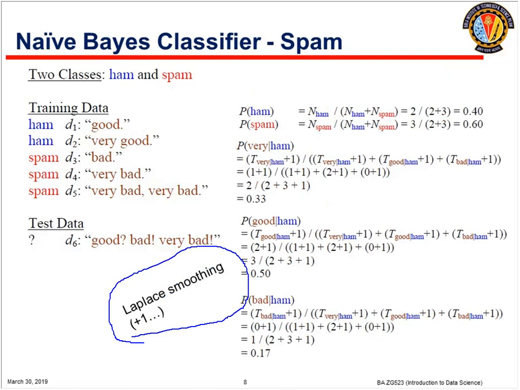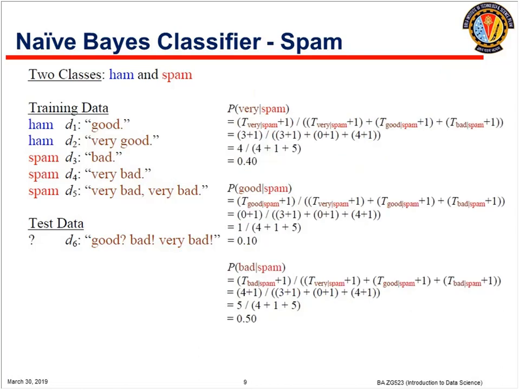So find the probability of each of the 3 words, given that the document is of type ham, and also the probability of each of the 3 words given that the document is spam. So that is done here. All 3 probabilities.